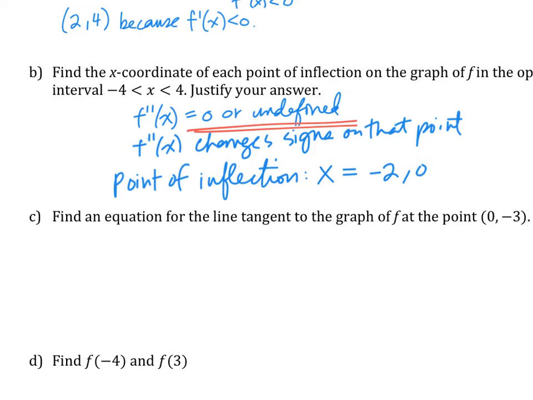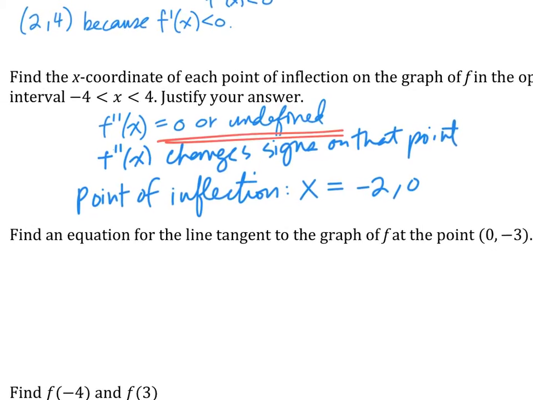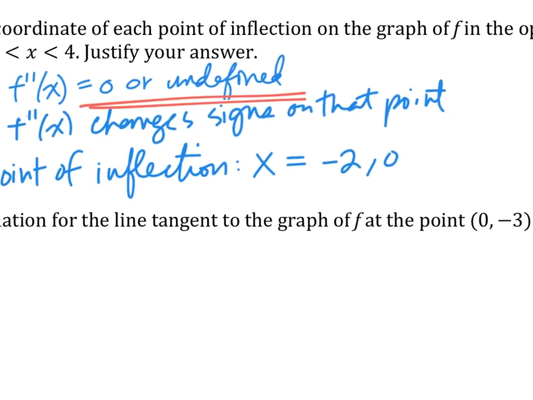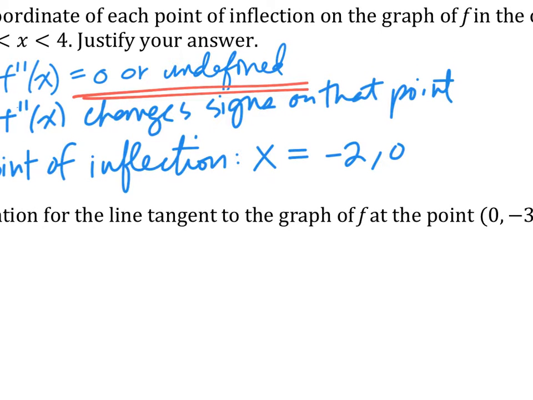Okay. Next, find an equation for the tangent line to the graph at the point (0, -3). All right, go back to last semester. Tangent line: you need two things, slope and point.